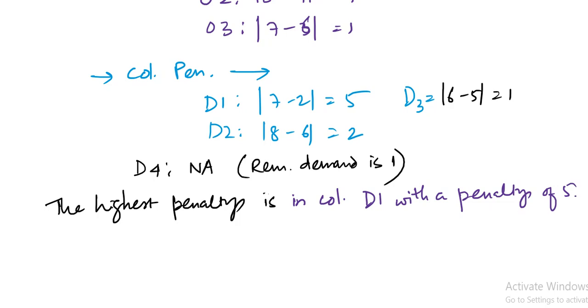So allocate to d1. So the lowest cost in d1 is O2, origin 2 of cost 10.